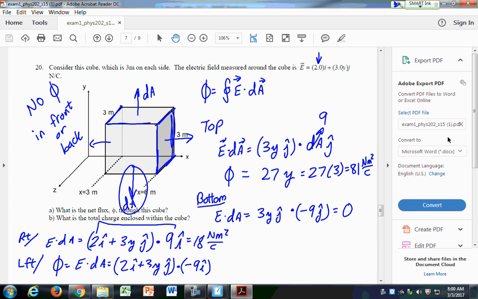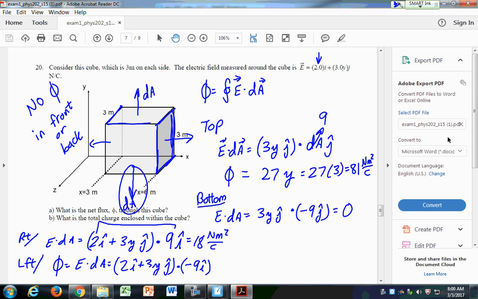And then this is my area. This is just the area of the face, side times side gives you the area. But then you also have to consider the direction. The area vector will always be perpendicular to the surface and pointed outward. And so for the left face, that's why I have negative 9, because it's a 3 by 3 by 3 cube. If it's a rectangular prism, you have to figure out the area of each individual face.